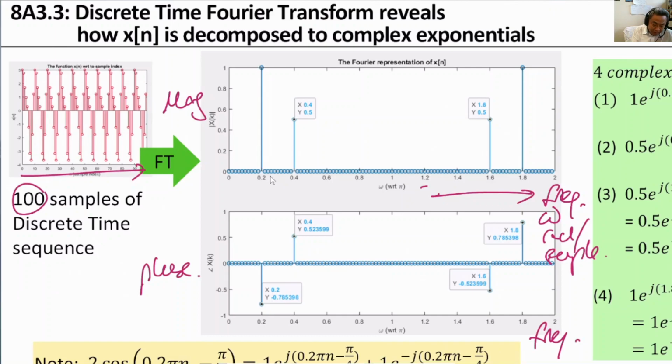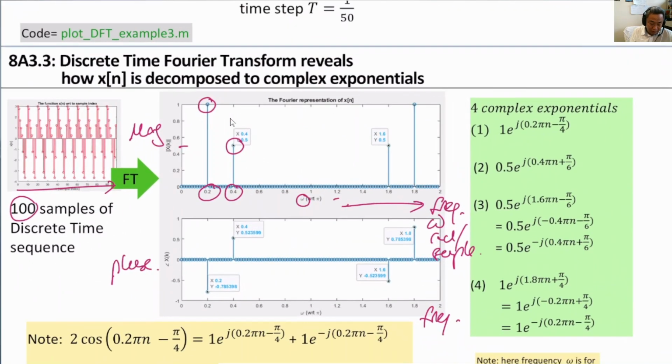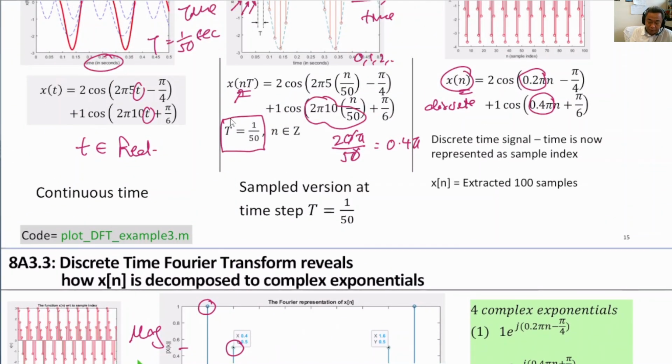It shows that at 0.2 pi along the horizontal axis, there is a magnitude 1, and at 0.4 pi, there is a magnitude 0.5. That's very, very close to our original signal. Remember, our signal was this.